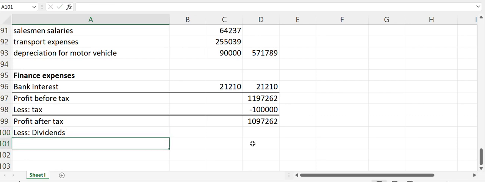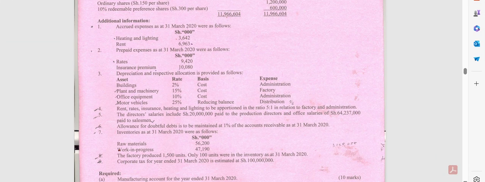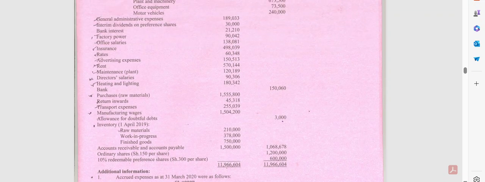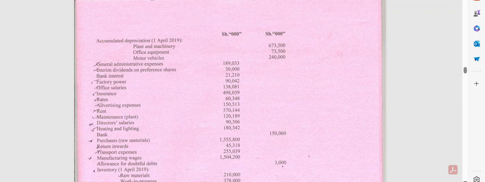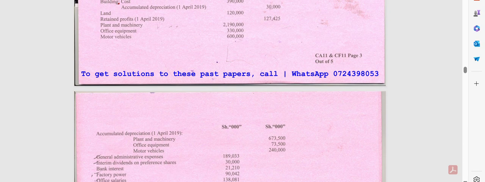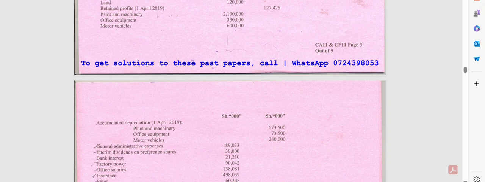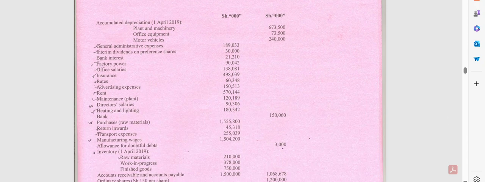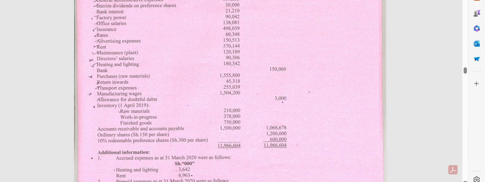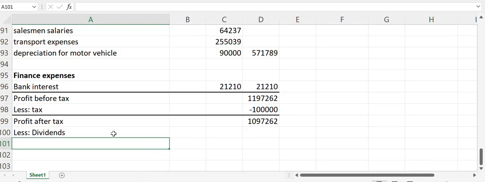And the first one, remember we had different categories of dividends. If you come back here, we have interim dividends on preference shares. You can see this one, interim dividends on preference shares.